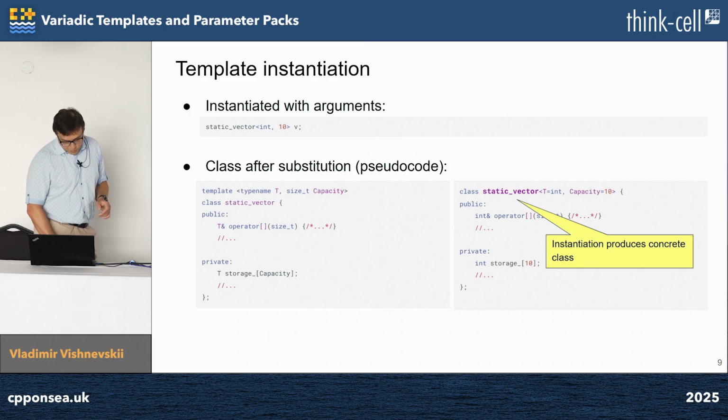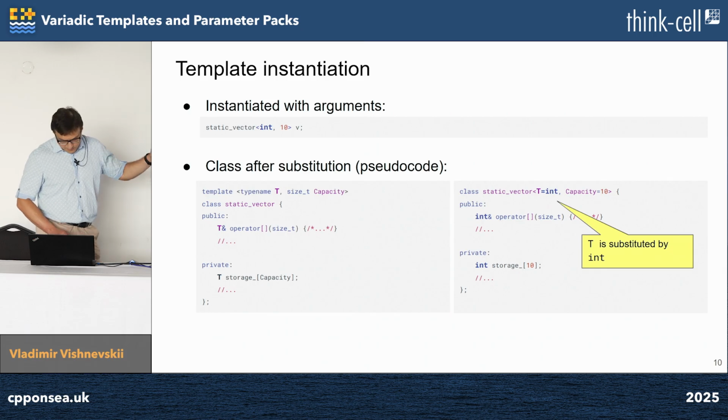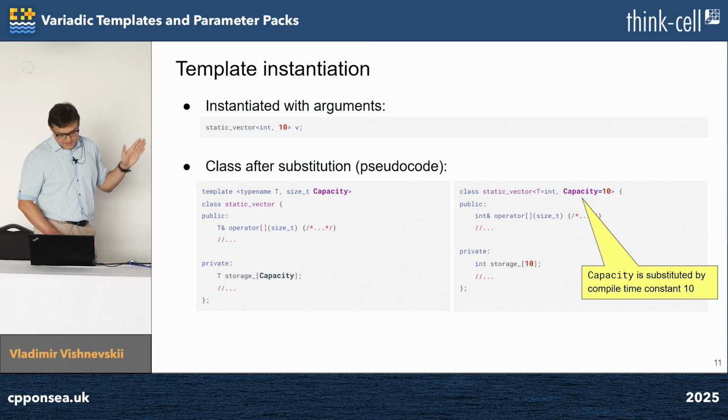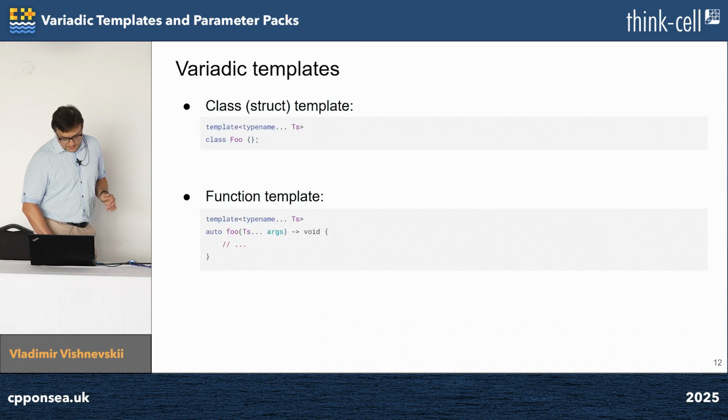For each of the parameters, the corresponding argument will be used instead of the parameter name within the code body. This is for non-variadic templates. Here we have an integer that will be used instead of T, and for the non-type template parameter the argument is 10, which will be used wherever the capacity parameter was used inside the body of the template.